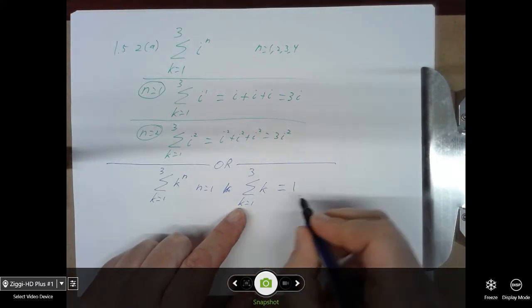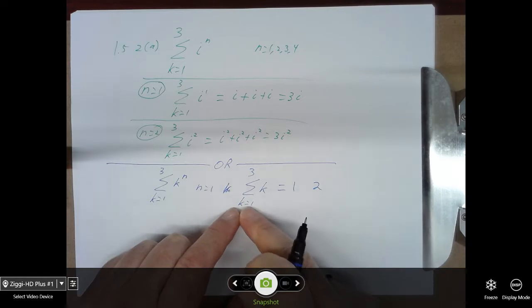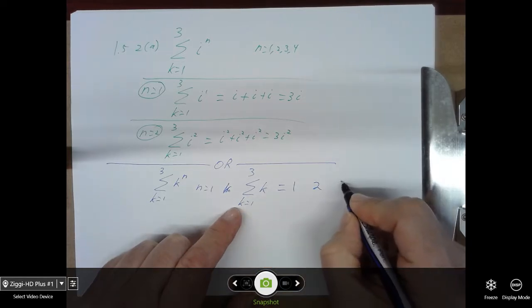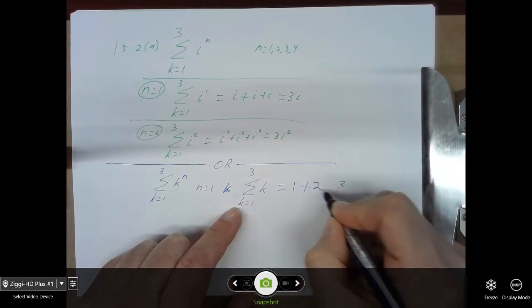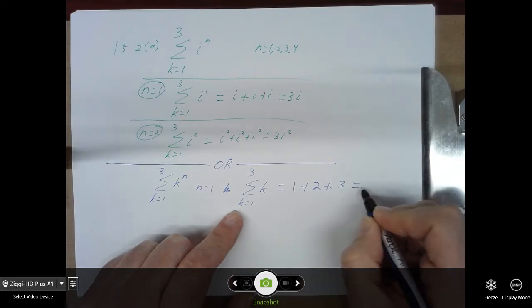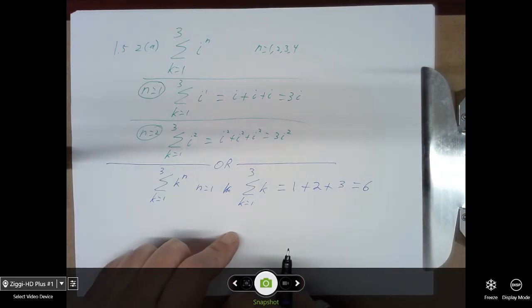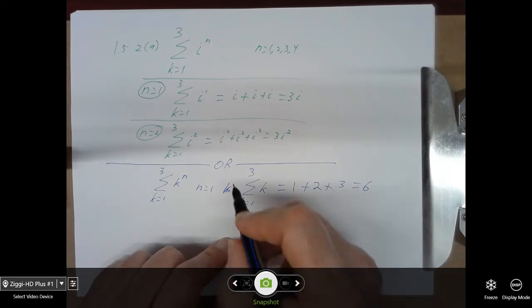If k is equal to 2, this expression is equal to 2. If k is equal to 3, this expression is equal to 3, and the summation says add these together. So the answer is 6. So that's for n equals 1.